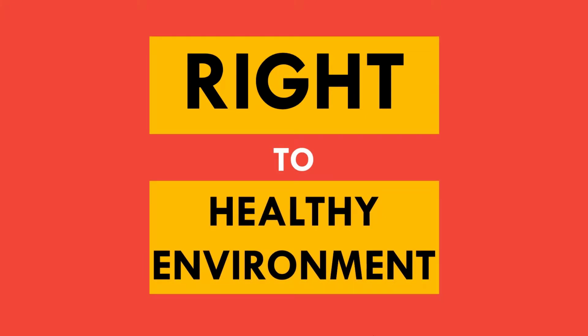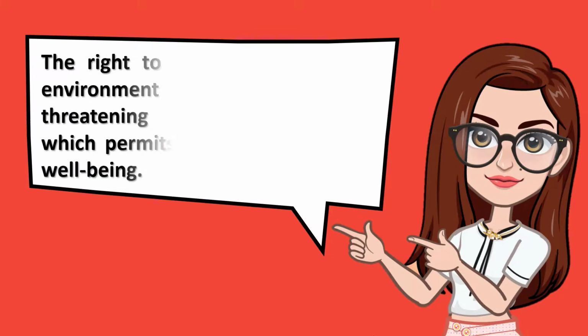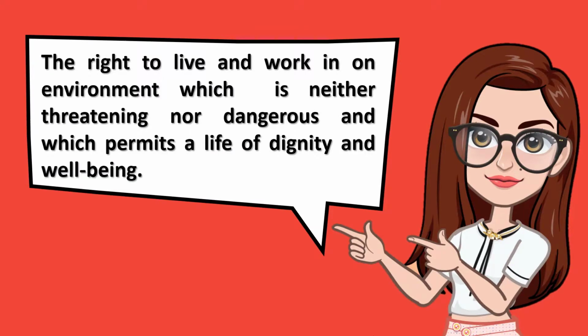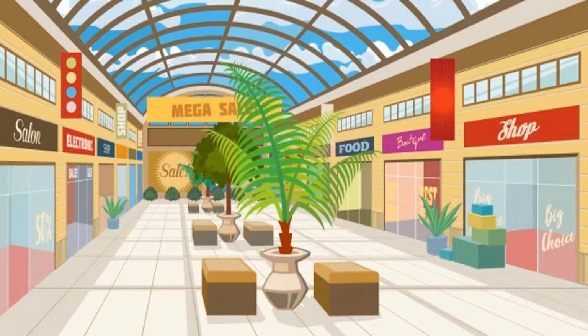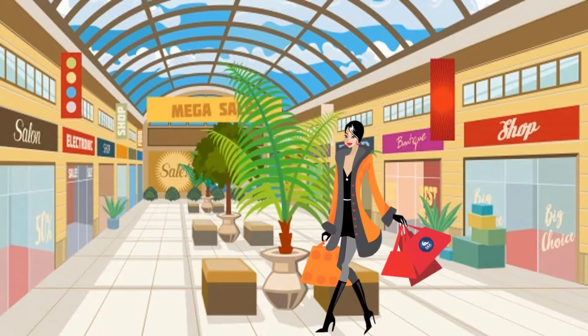The right to a healthy environment. The eighth consumer right is the right to a healthy environment, which is the right to live and work in an environment that is neither threatening nor dangerous and permits a life of dignity and well-being. Everyone has the right to an adequate environment.